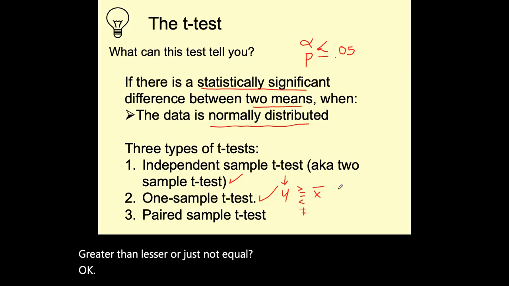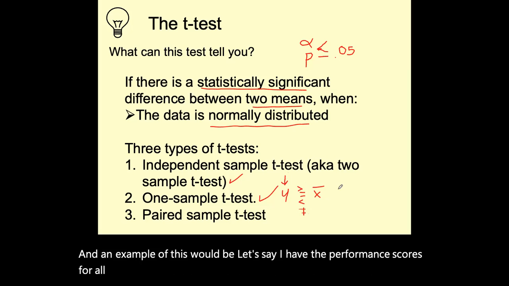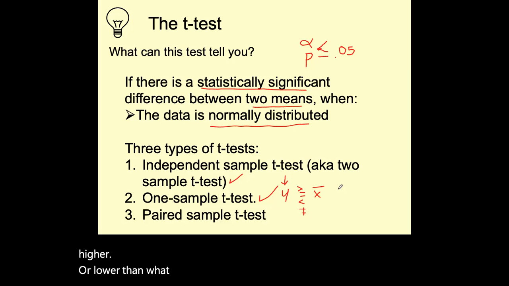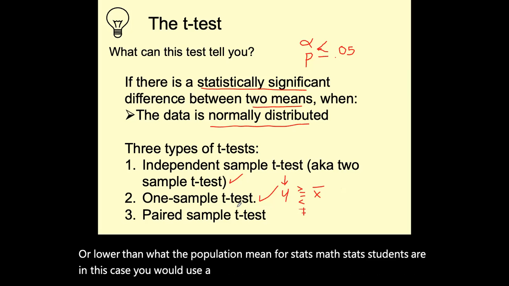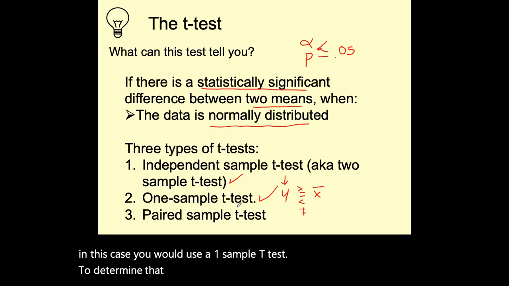An example of this would be, let's say I have the performance scores for all stats 225 students, and I wanted to know if this class is performing higher or lower than what the population mean for math stats students is. In this case, you would use a one sample t-test to determine that value.